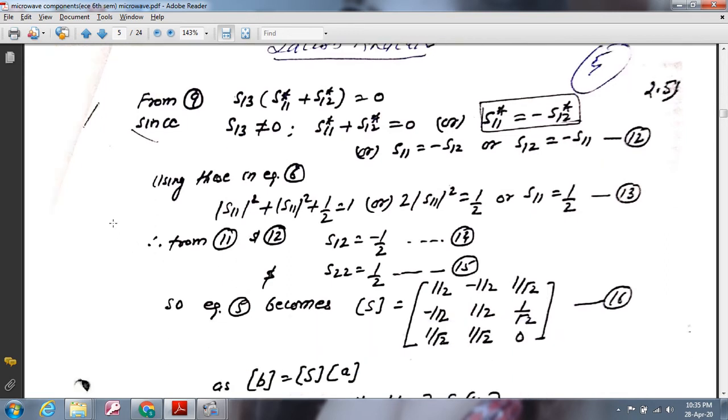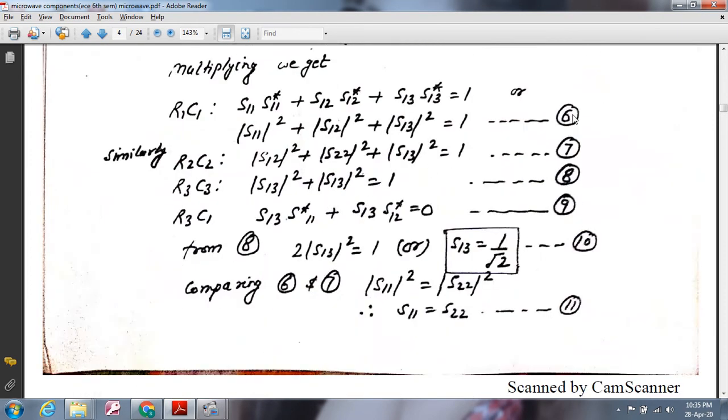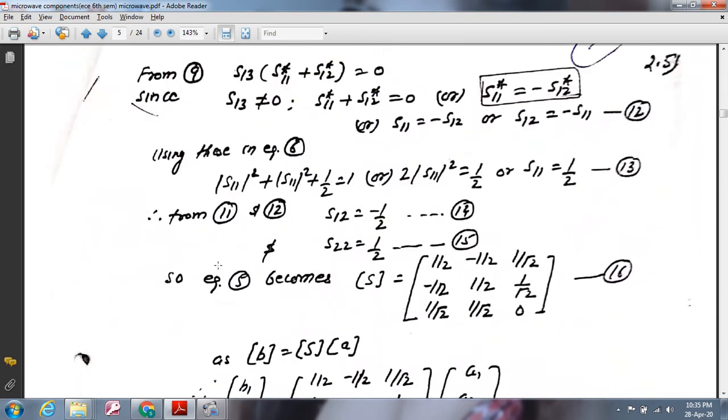Now using this equation in equation number 6, we get S11 square plus S11 square plus 1 by half, because we know S13 equals 1 by root 2. So this equals 1, or twice S11 square will be half, or S11 will be 1 by 2.